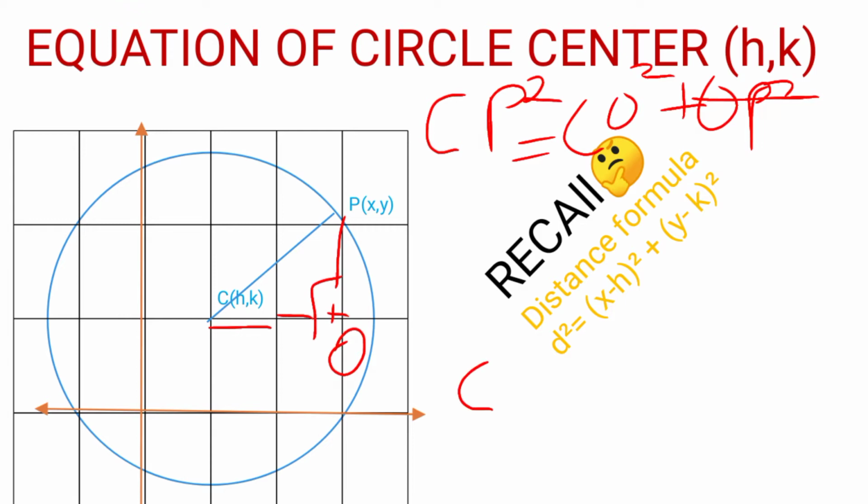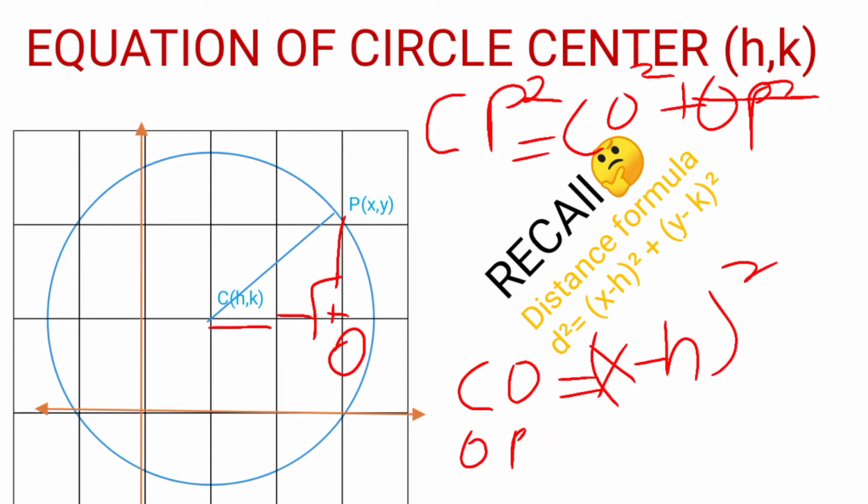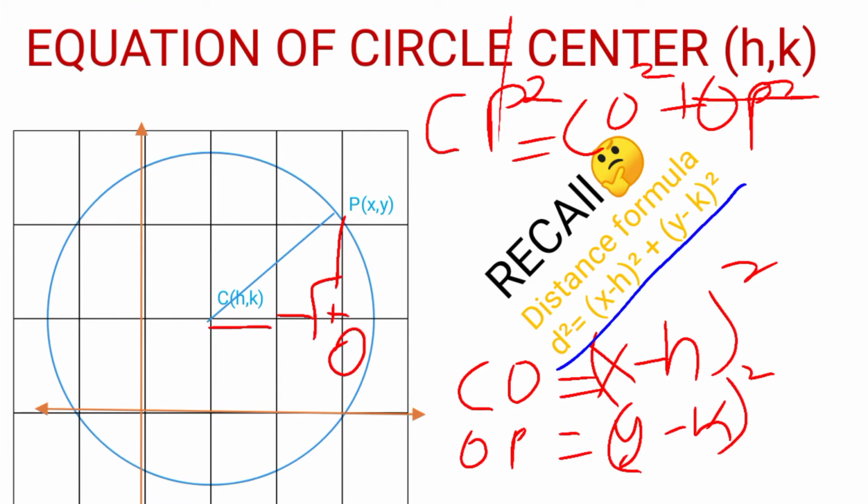Remember, CO is equivalent to x minus h, remember squared, and OP is equivalent to y minus k squared. This gives us the equation equivalent to the distance formula, where you just replace d with r, so that r squared is equal to x minus h squared plus y minus k squared, and that is the equation with center h, k.